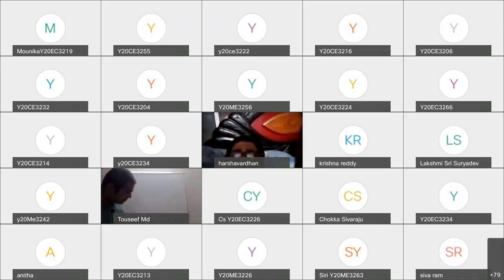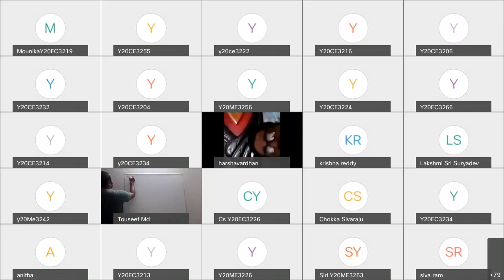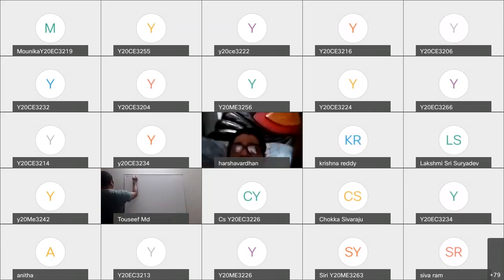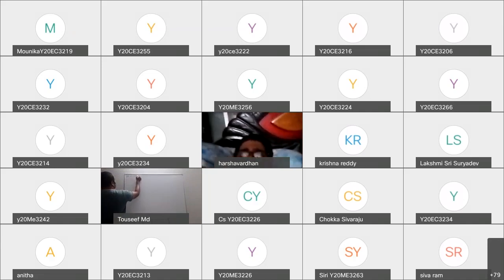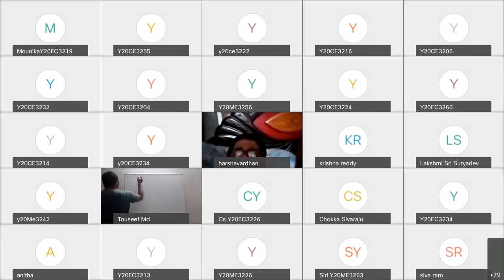All of you write this problem. The line AB has its end A point 20 in front of VP and B point 50 in front of VP respectively.